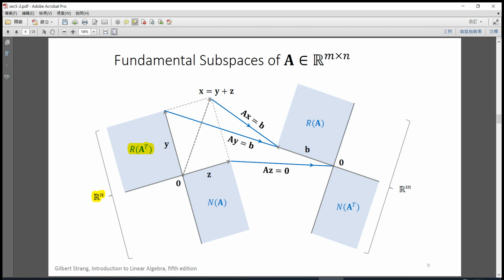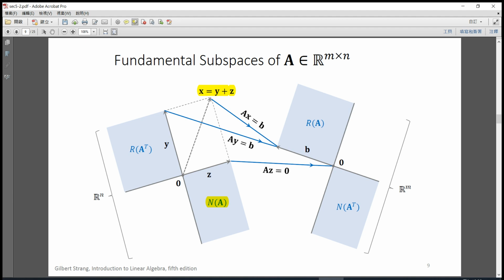On the other hand, if the dimension of the null space of A is greater than 0, then the mapping Ax is not 1-to-1. Because if the dimension of the null space of A is greater than 0, then there exists some non-zero vector z such that x equals y plus z.